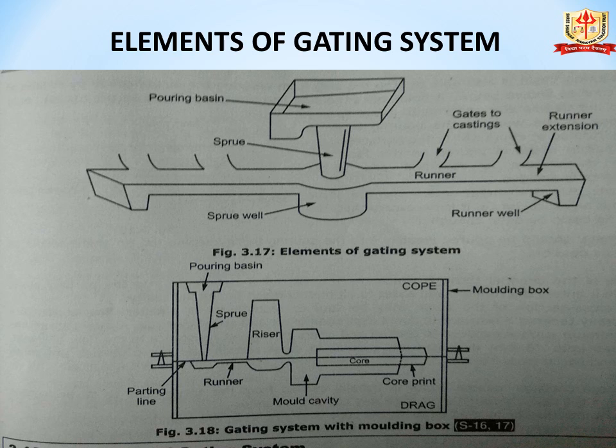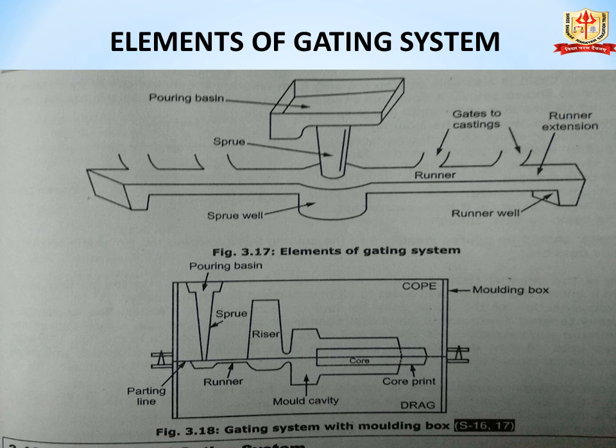It is advantageous to keep the runner in the cope part as it also works as a riser. In such cases, a riser may not be used. Last part is a riser. A riser is an added reservoir designed to feed liquid metal to the solidifying casting for compensating for solidification shrinkage.